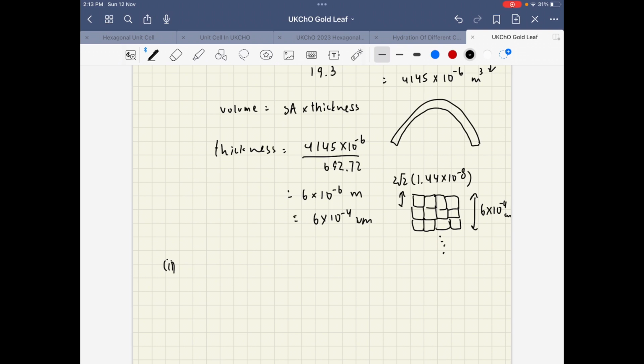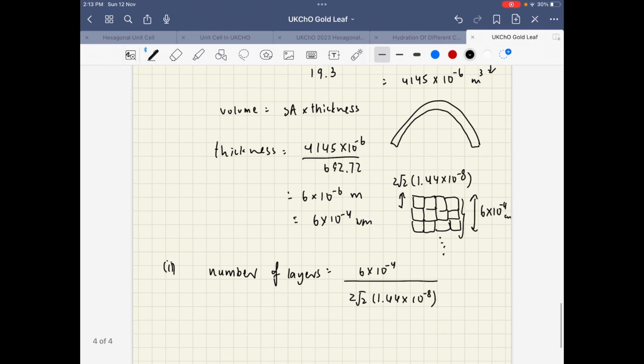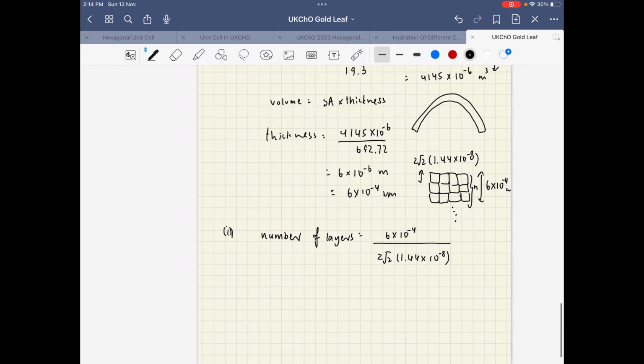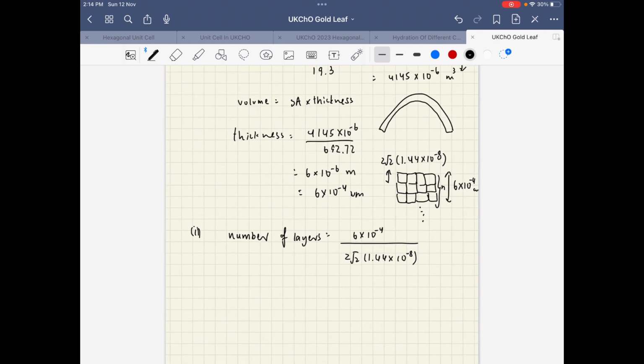So we can find the number of layers required now. It would just be 6 times 10 to the power of minus 4 divided by 2 square root 2 times 1.44 times 10 to the power of minus 8, to find how many blocks you need. How many layers do you need?